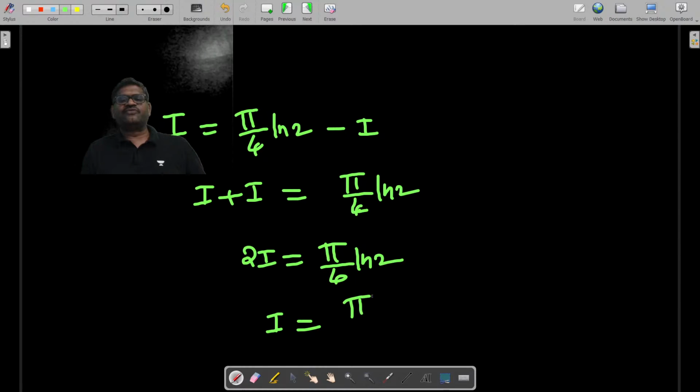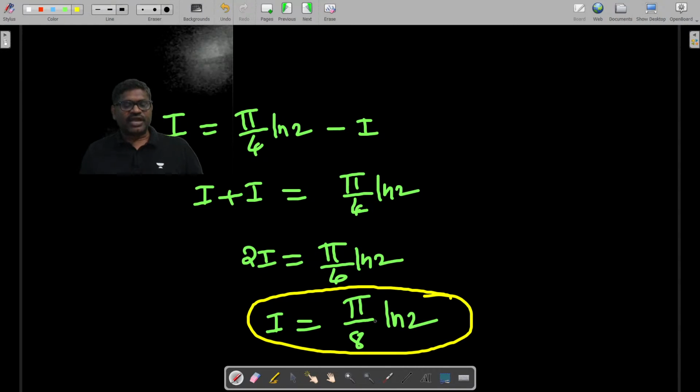The value of the integral is pi by 8 log 2. The value of the integral is pi by 8 log 2.